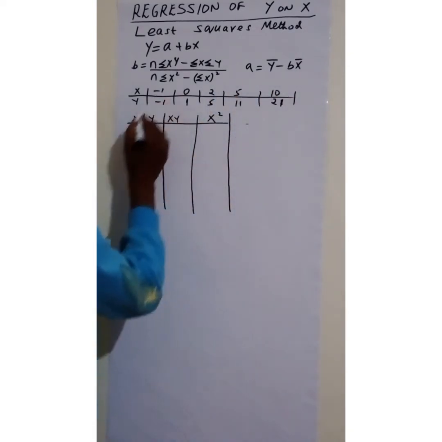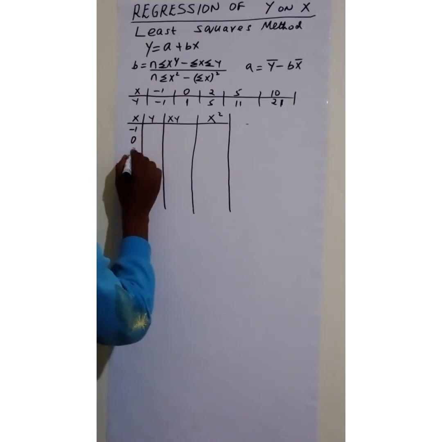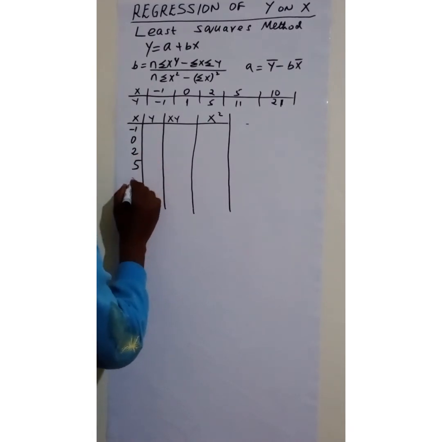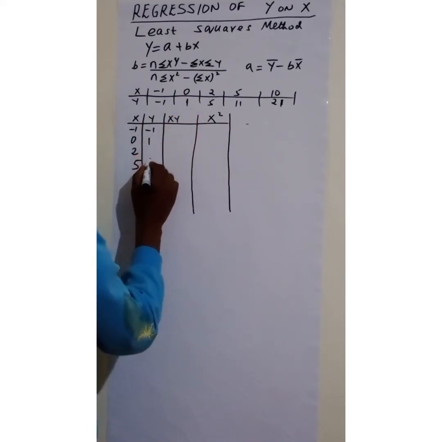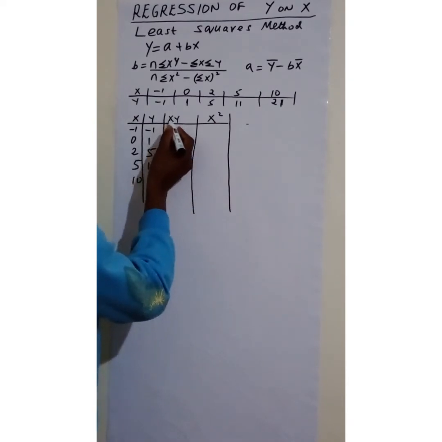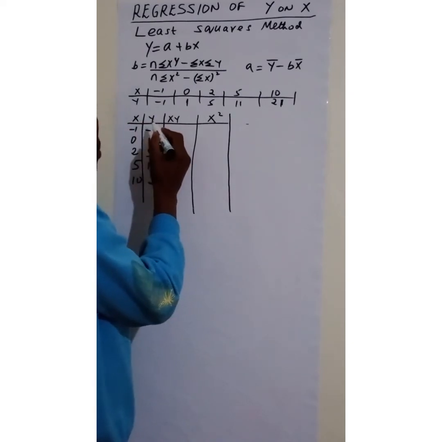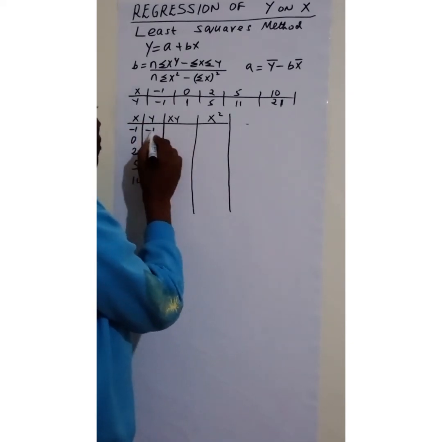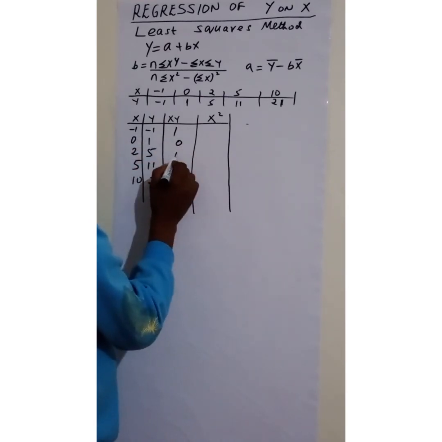So let's have these values here: -1, 0, 2, 5, 10 for x, and -1, 1, 5, 11, 21 for y. xy means a value in column x times the corresponding value in column y. So this times that gives us 1, 0, 10.